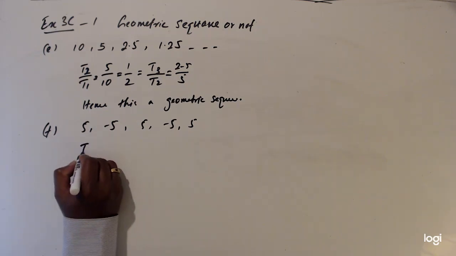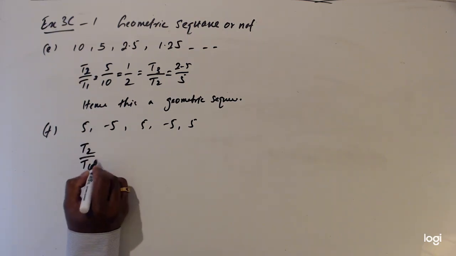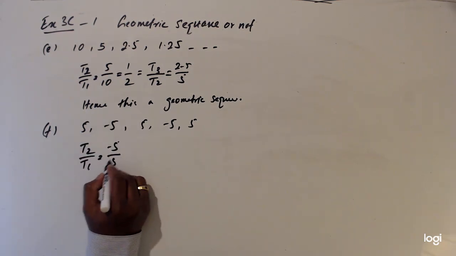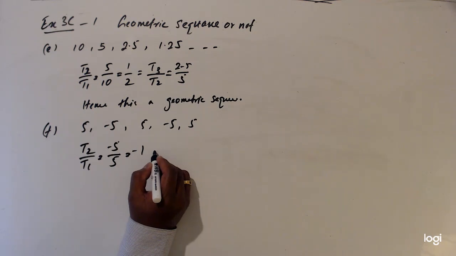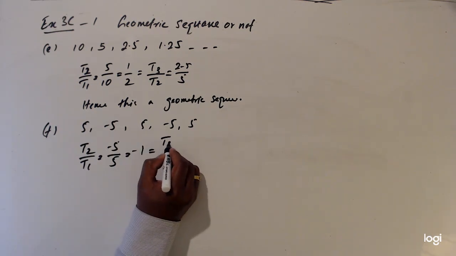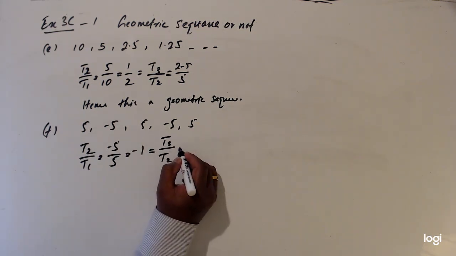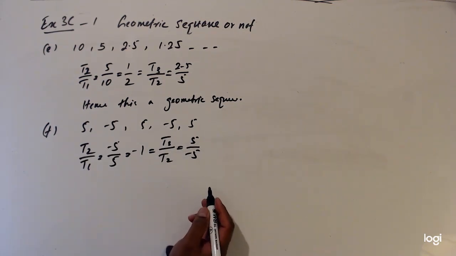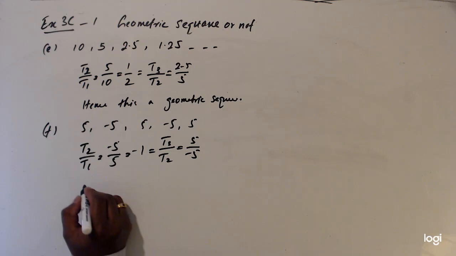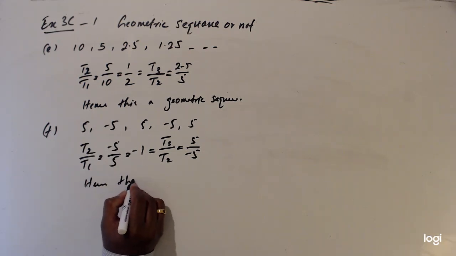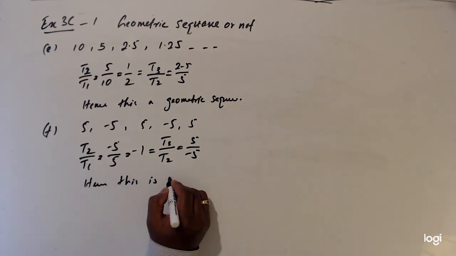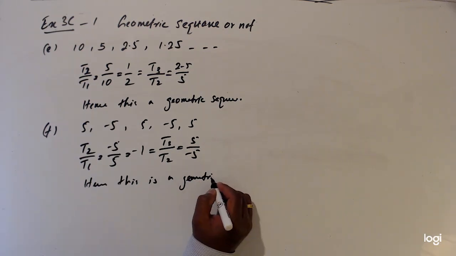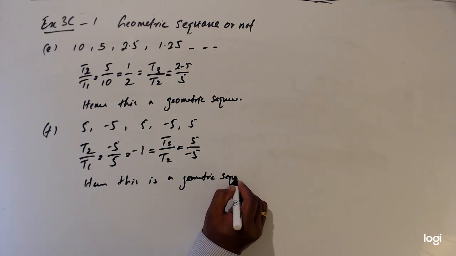So term 2 divided by term 1, where term 2 is minus 5 and term 1 is 5, is minus 1. This is equal to term 3 divided by term 2, that is 5 divided by minus 5. Hence, this is a geometric sequence.